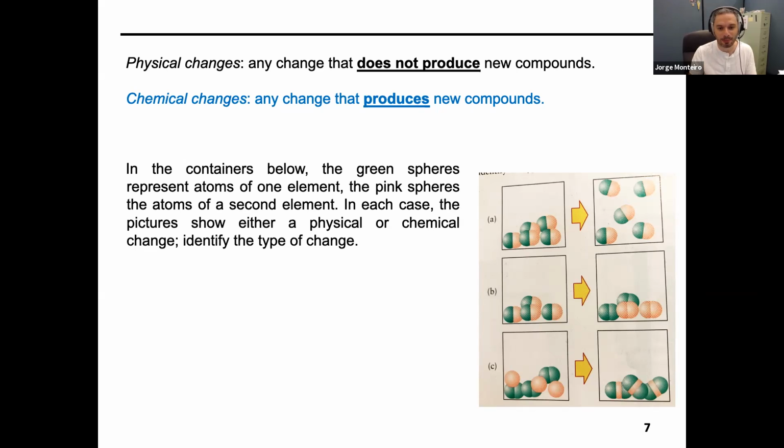Identify the type of change. Okay, so for A, B, and C, identify if it is a physical change or chemical change. Okay, let's give you a couple minutes to think about the problem, and then I will solve with you guys.